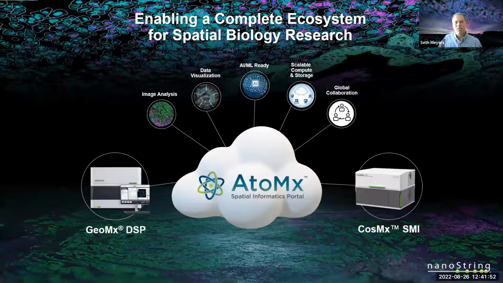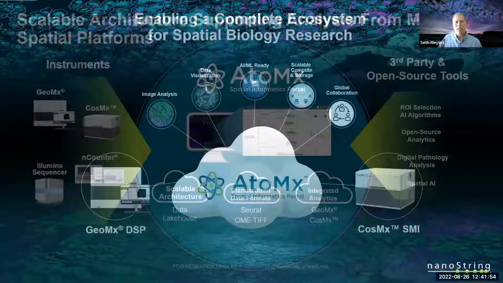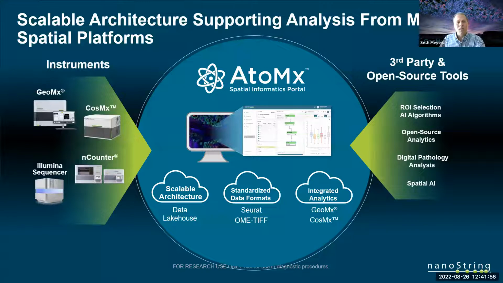And there's a nice feature of what we're building out: it's got a great, really scalable architecture, and standardized data formats, which I'll share a little bit of what those look like. There's integrated analytics that goes through from GeoMx and CosMx. And we're also building out third-party and open source tools as well.